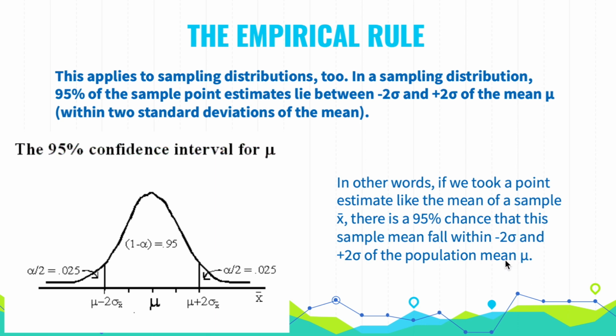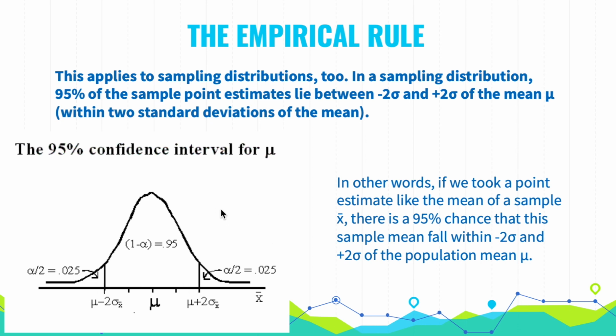So whenever we take a sample and we calculate that statistic for the sample, we can construct what's called a confidence interval around it. And we can assume that 95% of the time, our population mean, mu, will actually occur within a confidence interval around it.